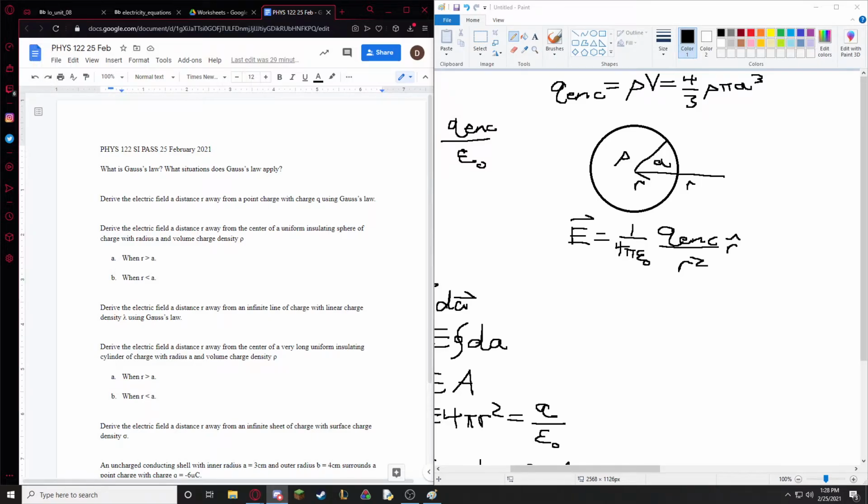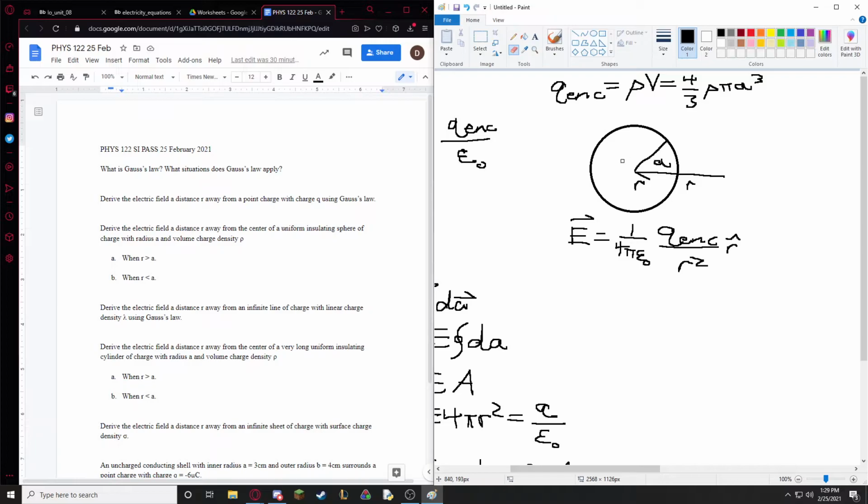All right, so we want to find the electric field inside our insulating sphere of charge. It's a uniform sphere of charge. First of all, where are we going to draw our Gaussian surface for this example? It's going to be within the radius A.